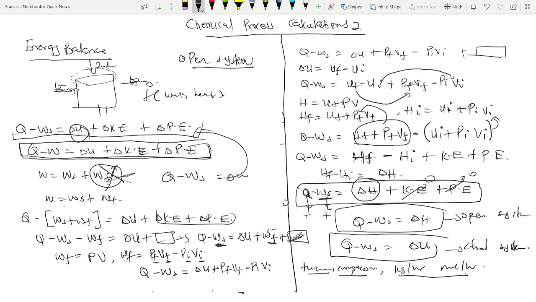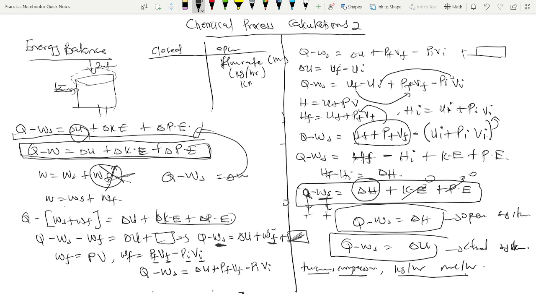So let me just do a short table to distinguish closed system and open system. So that was set as a guide. So, open: we see flow rate, whether mass or moles, in flow rate, which is kilogram per hour or kilomole per hour. But for closed system, we see masses or moles, so something like kilogram or kilomole.